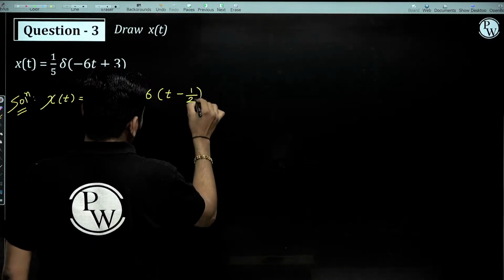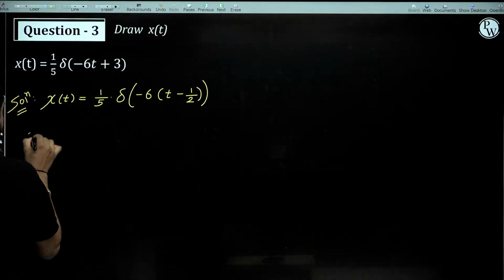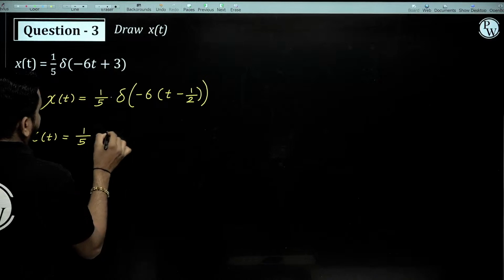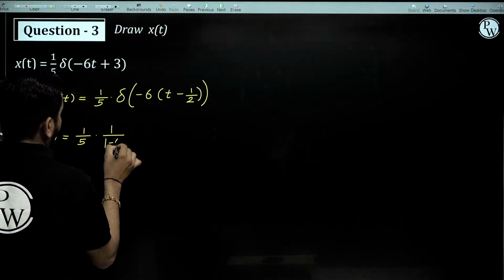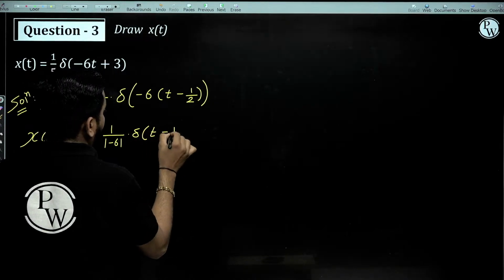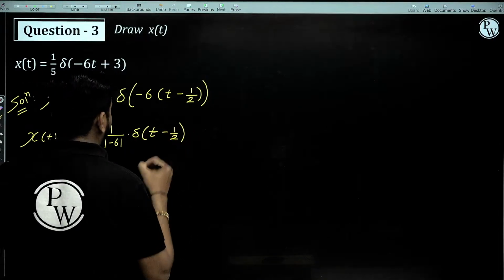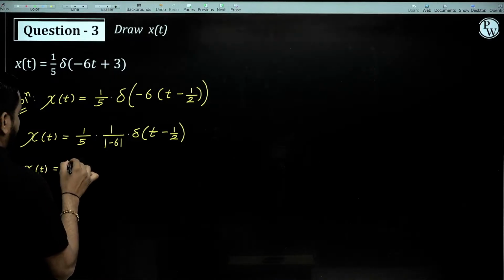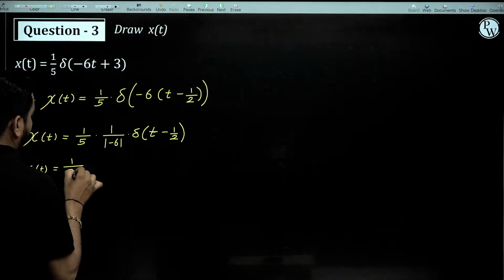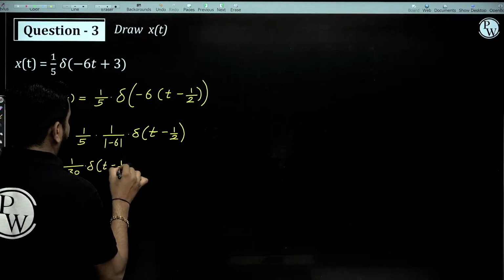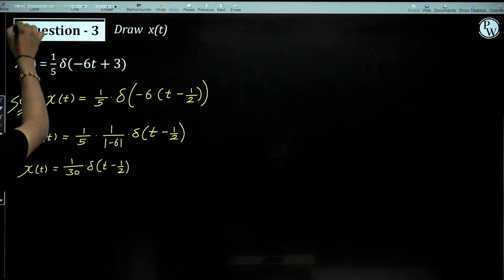Here the scaling factor is minus 6. So x of t is 1 by 5 into 1 upon mod of minus 6, delta of t minus 1 by 2. x of t is equal to 1 upon 30 delta of t minus 1 by 2.